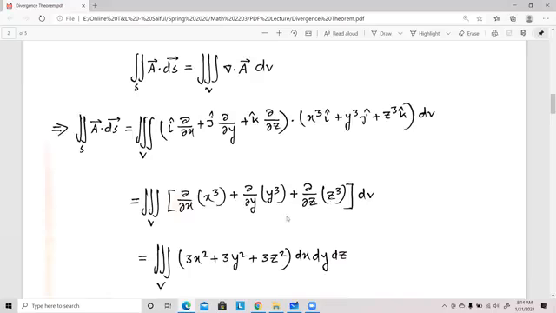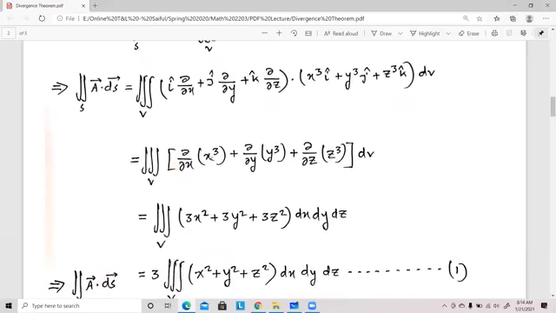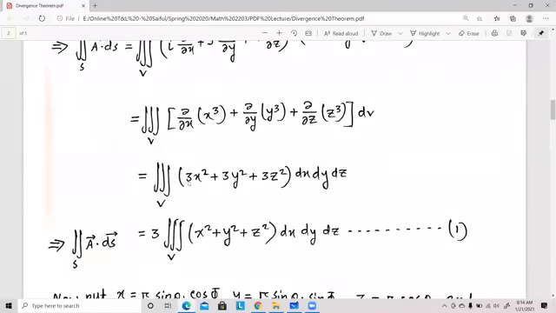Okay, now the partial differentiation of these functions: first term 3x², then 3y², and then 3z². Okay, dV equals dx dy dz. So since every term carries 3, we can take it out of the integral.